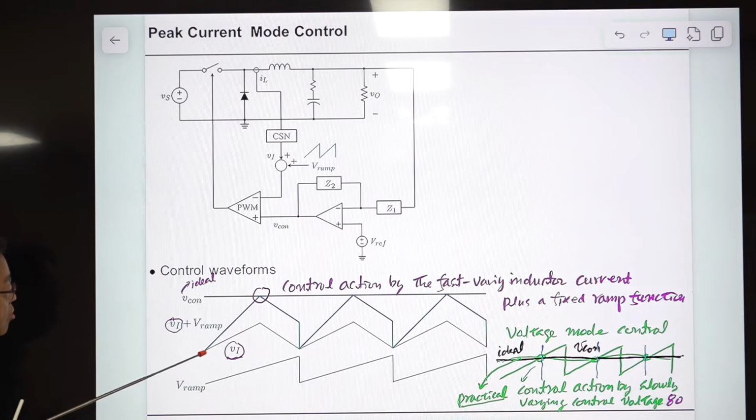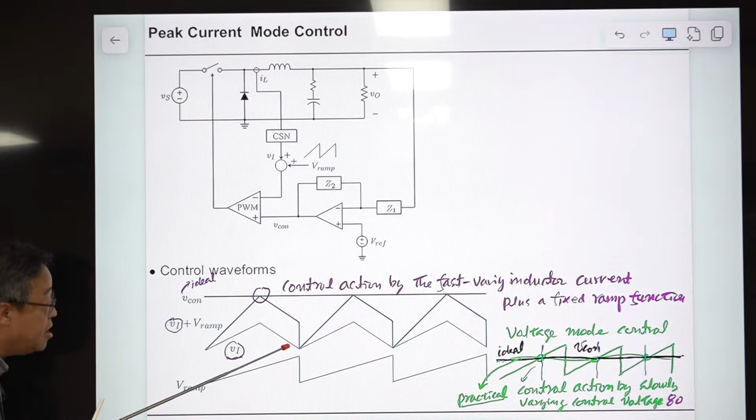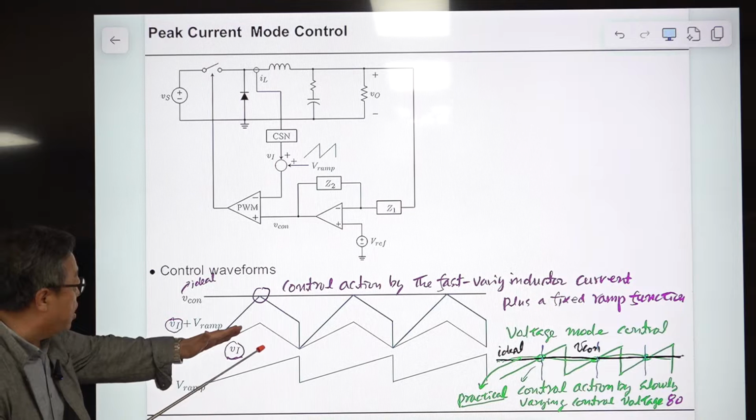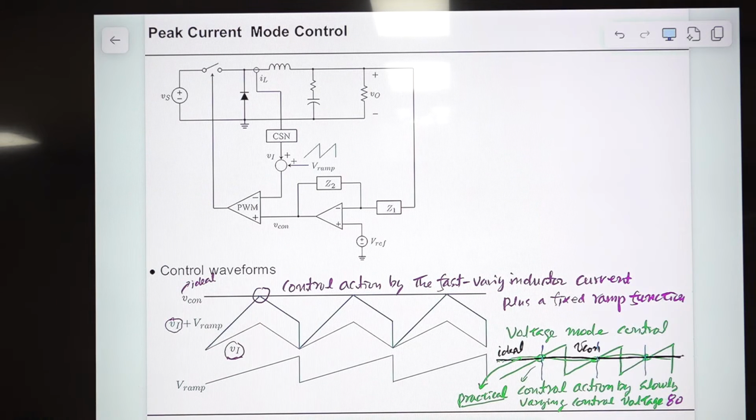The inductor current is increasing in this time period, decreasing, increasing, and decreasing, and they are added together. So this fast varying inductor current is reflected in the composite control signal, which is V_I plus V ramp.